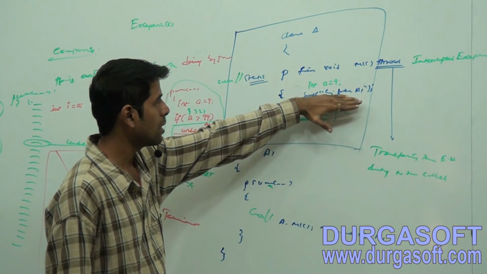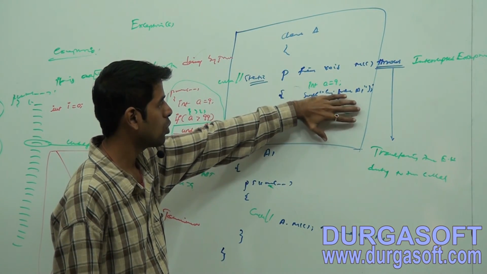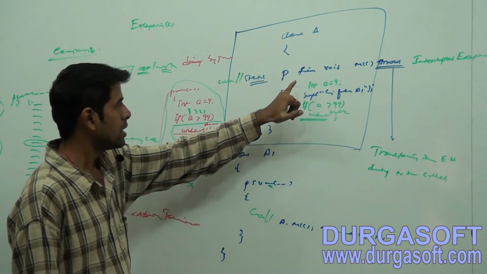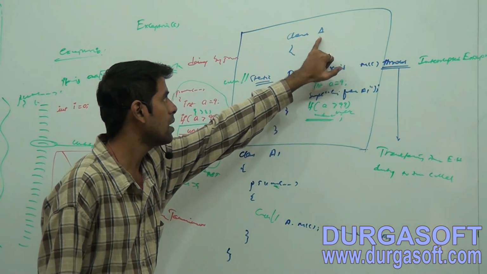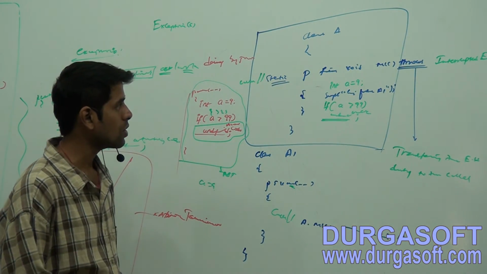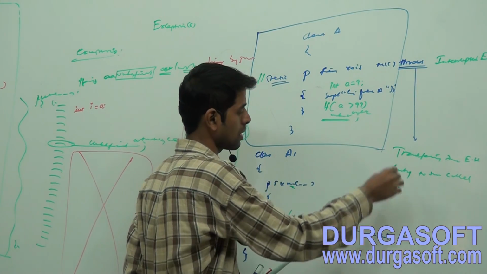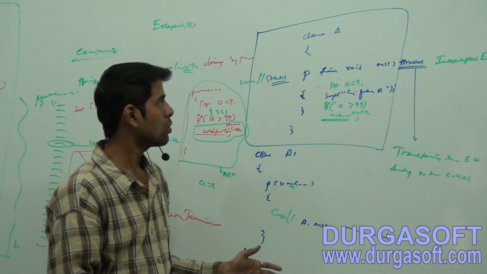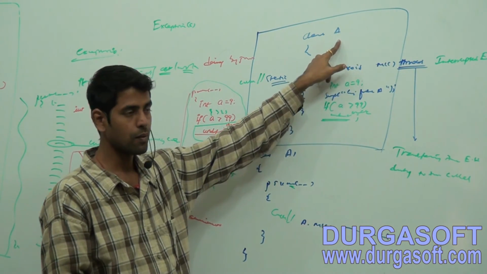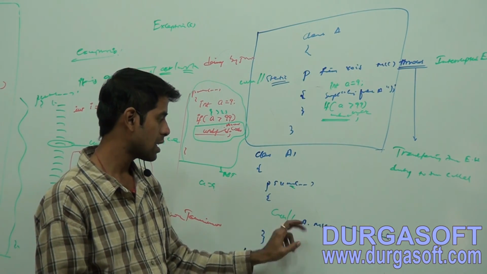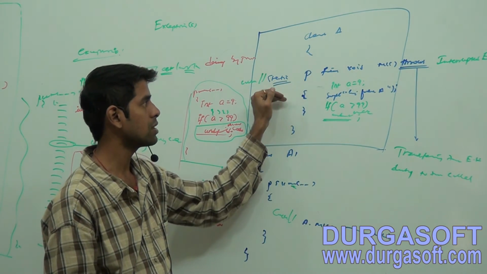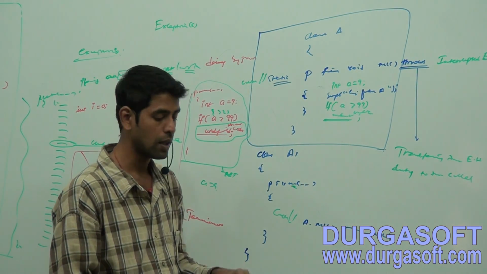Now it has one implementation, SOP hi from M1, which is a static method. How to call this static method M1 of class A? A dot M1. This is the caller, this is the callee. Leave all of those things.